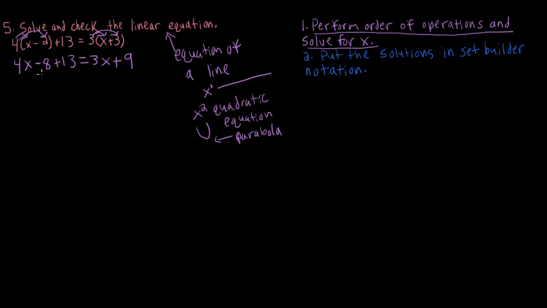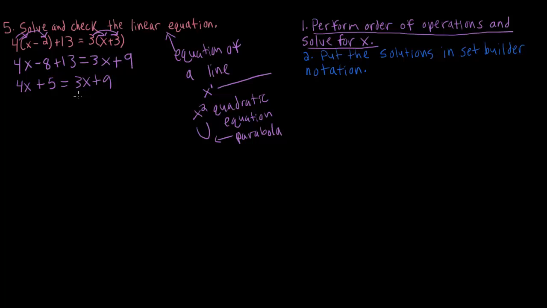For x, there are no other like terms on the left side, but you have negative 8 plus 13, which are numbers without variables, so we can add those together. We can simplify that. So negative 8 plus 13 is simply positive 5, equals 3x plus 9. And okay, so again, we're still trying to get x by itself.